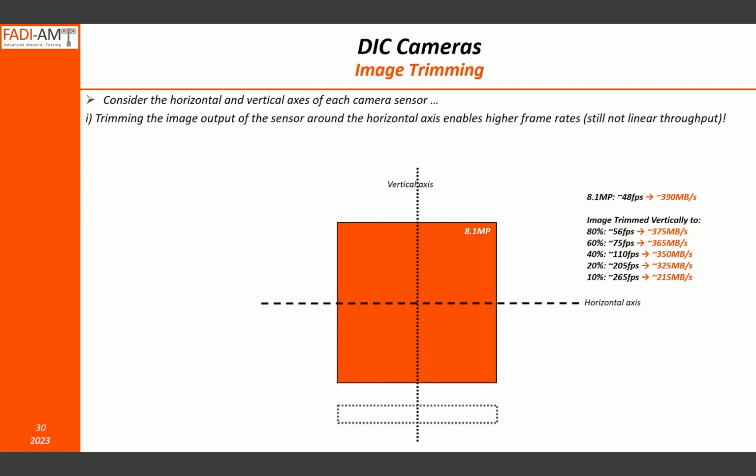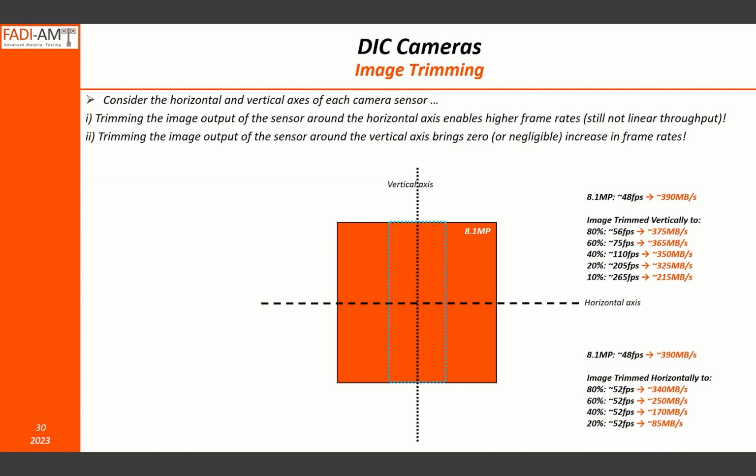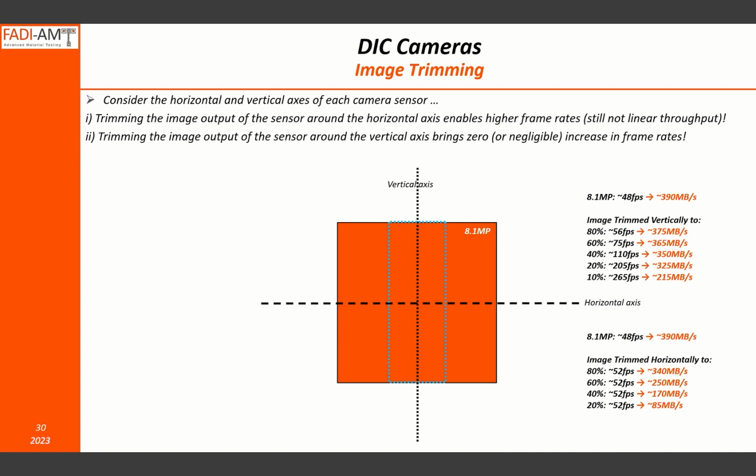Let's take the other case, and that is trimming around the vertical axis. So when you trim around the vertical axis, horizontally basically, and regardless what window size you take, whether you take 90% or 80% or 10% of the image, your output frame rate will be marginally higher than the full frame rate.